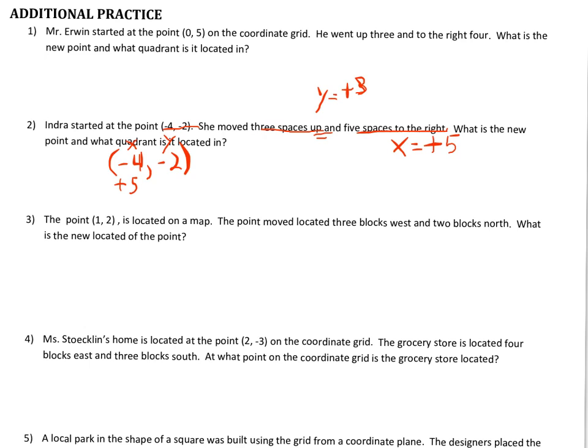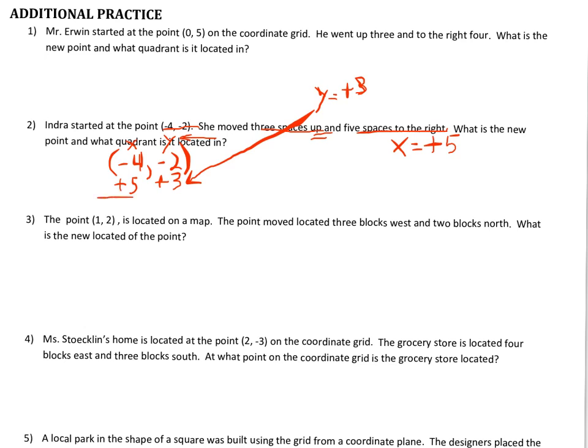My y changed by going a +3. It is so important that you look and see which one you're talking about. So again, up means y, so I know my y is +3. That +3 I put underneath the y, because that's what's changing.